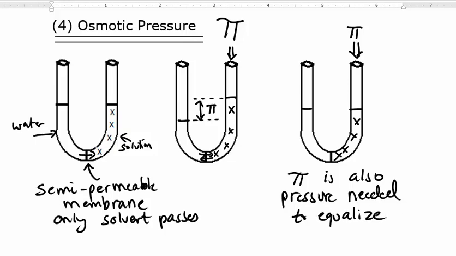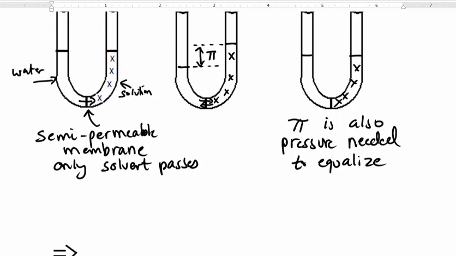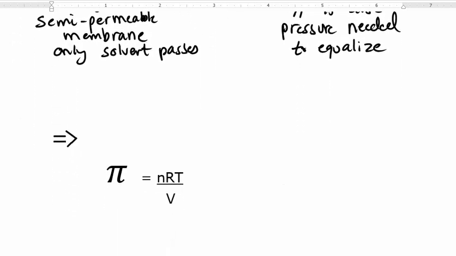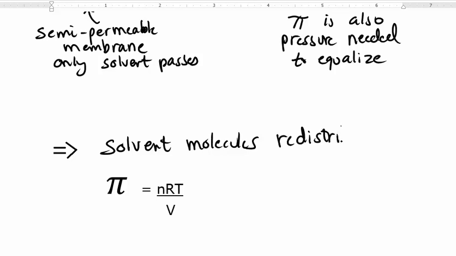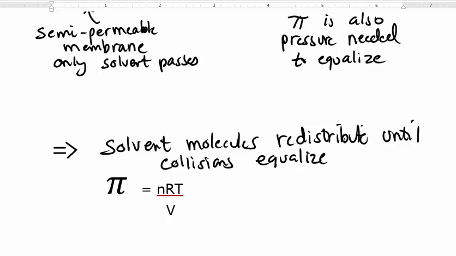So that is what osmotic pressure is. How about some calculations? The rationale is that solvent molecules redistribute until the collisions going each way equalize across the membrane.